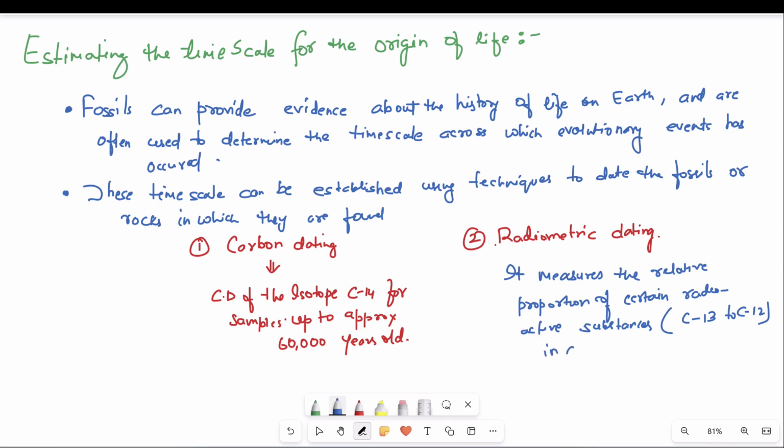Active substances in a sample. So with the help of these two methods, we can find the age.